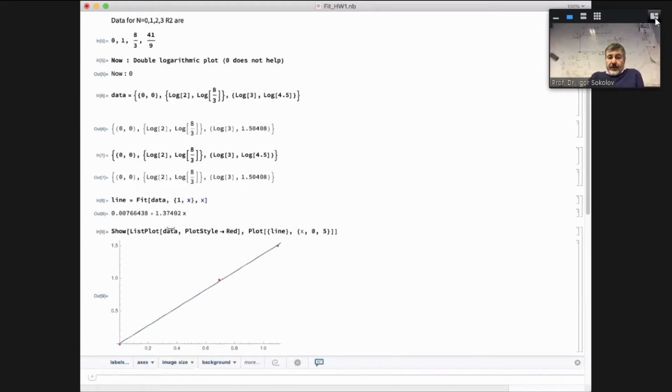And the slope is approximately 1.4. It's not 1.5 as it should be, but it's not very far. And this is essentially the exercise I wanted you to do, because this is how one gets this nu, at least in numerics, by counting the configurations.